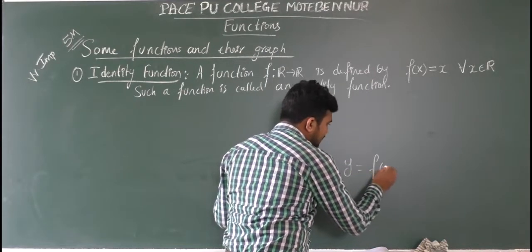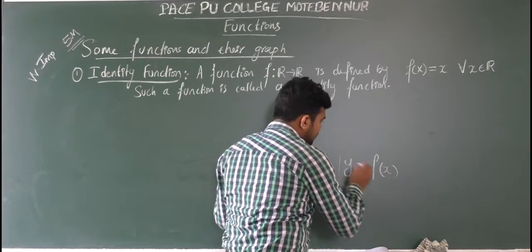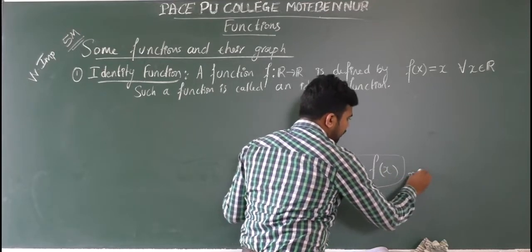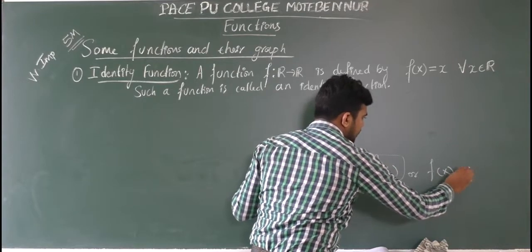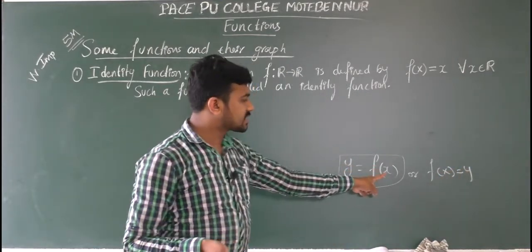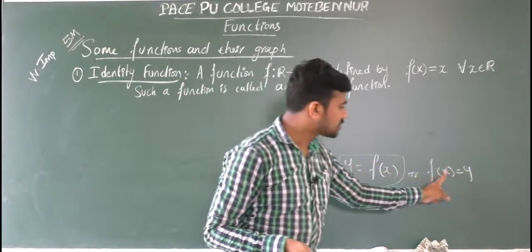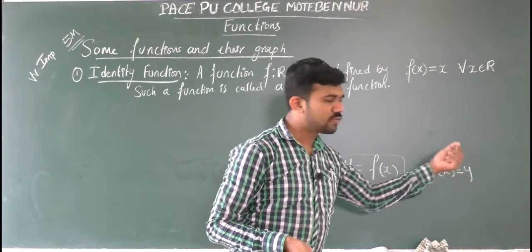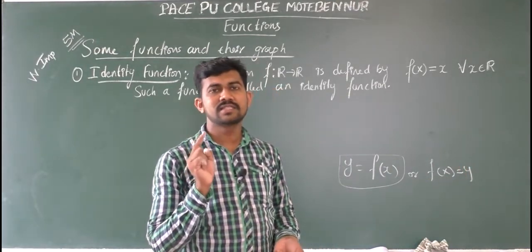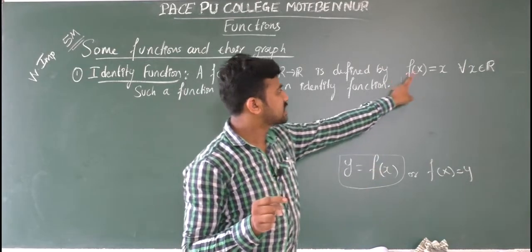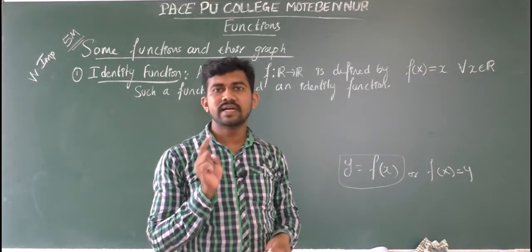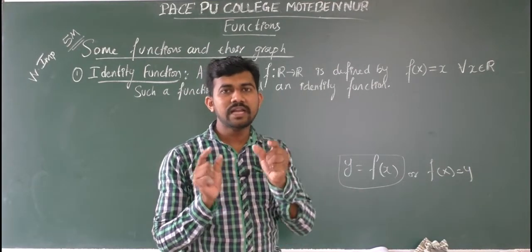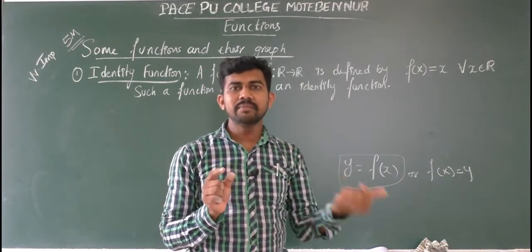We saw in the last class, it means the image of x is y. In this case, the image of x is x itself. Whichever element you take, you get the same element as its image.